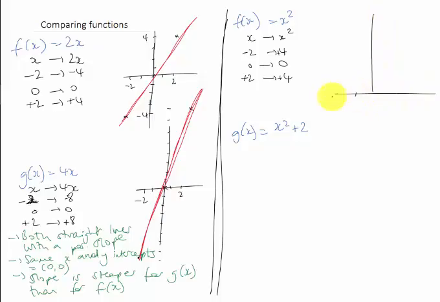So now let's draw the graph. So we've got minus 2, plus 2, plus 4. So here's, now I happen to know the vague shape of this, but you might want to get some more points. So something like that.